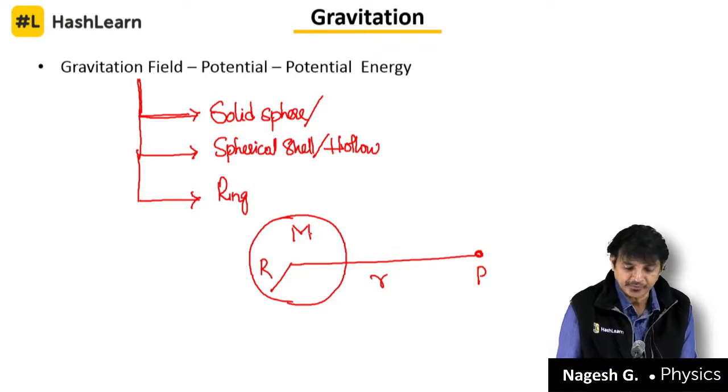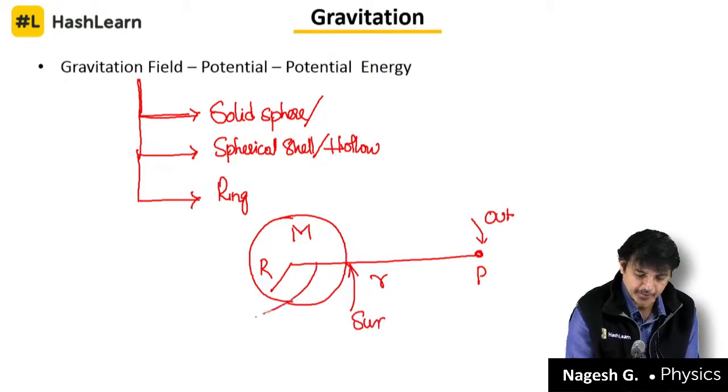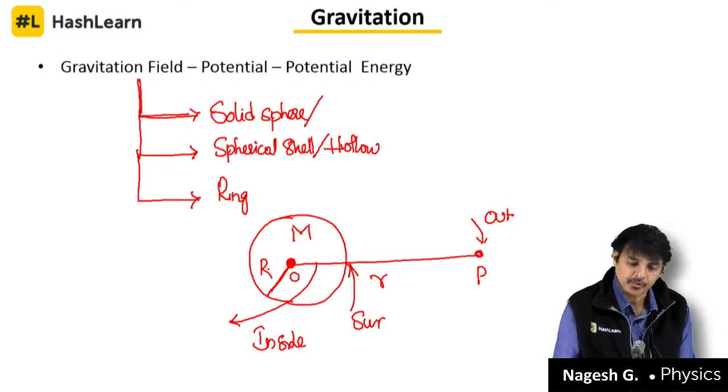In this case, we deal with different points: one point outside, another on the surface, a third point inside, and a fourth point at the center O. So under consideration we are dealing with 4 points: outside, on the surface, inside, and at the center.